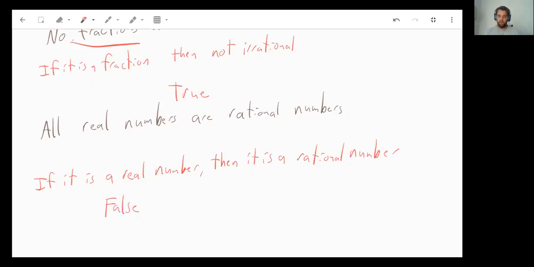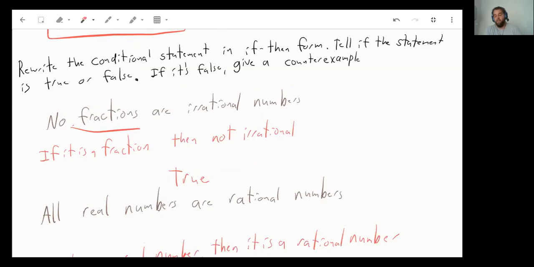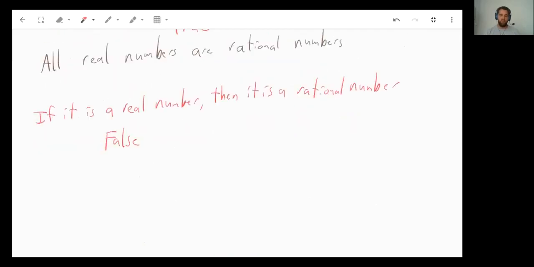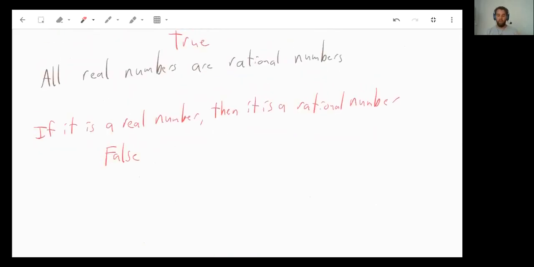Now, the last part of what the question asks, it says, if it's false, give a counterexample. A counterexample is just one time when it's false. If a statement is true, it's going to be true every time. But if it's false, you only need one example for it to be false. So an example of a real number that is irrational, you could do pi.